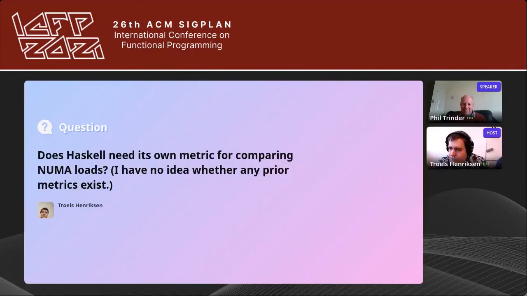Okay, so the last question is also from me. Does Haskell need its own metric for comparing NUMA loads? I don't know how people normally compare these things, but is your metric Haskell specific, or could it be used for any kind of NUMA program? I don't think it's Haskell specific. In fact, a lot of the metrics that are used for measuring Haskell are in terms of bytes.